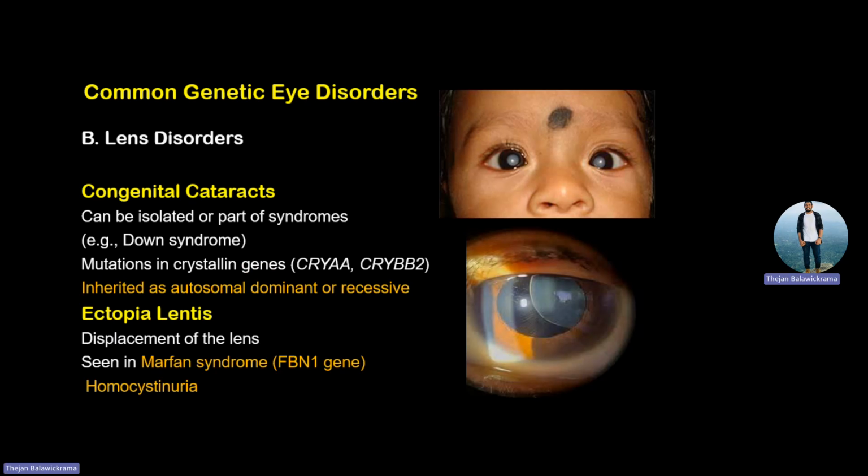I had a guy during wartime, and he had this type of thing. We could refract him and somehow get him glasses because he didn't want to undergo surgery at that time. So we gave him glasses and he was able to go to school during the war. After the war, he came and we removed the lenses. So that is called ectopia lentis, where the lens is displaced. Congenital cataracts and ectopia lentis: two hereditary conditions coming down the line.